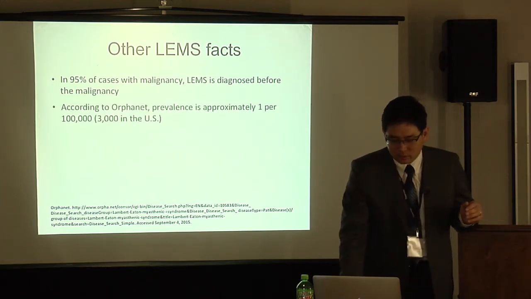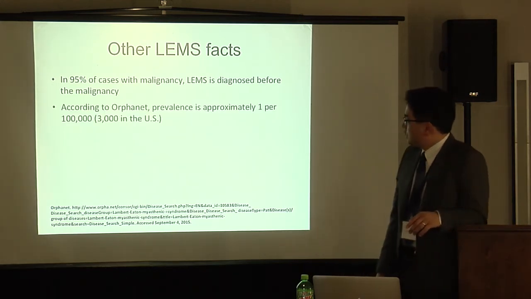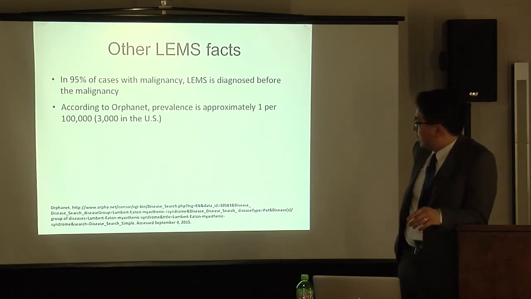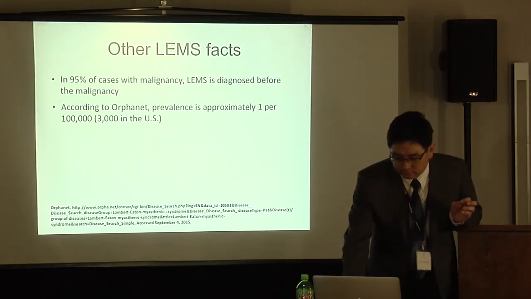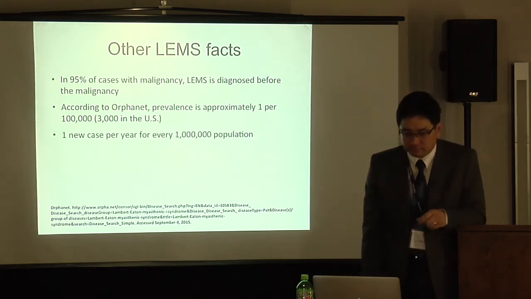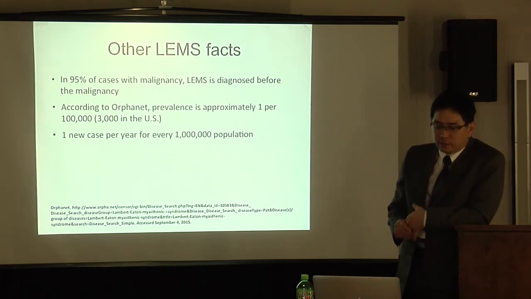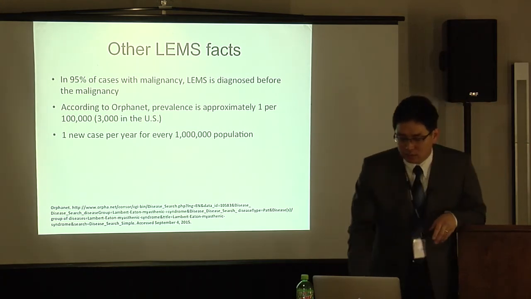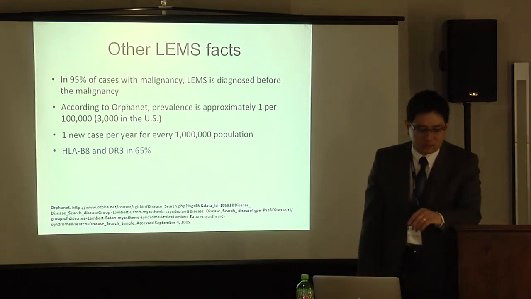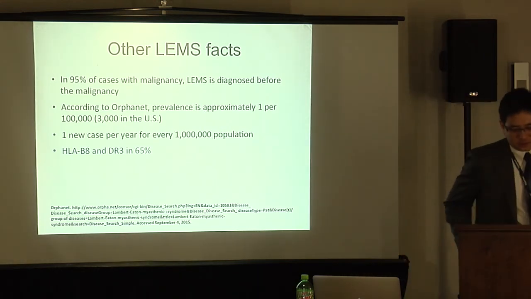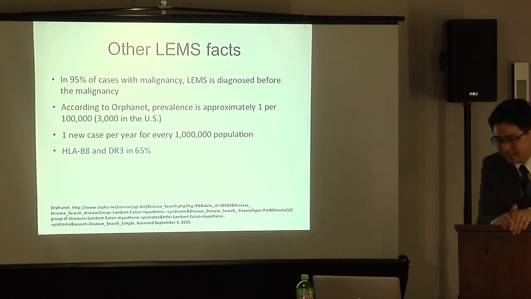Okay. So it's a pretty rare disease, 1 in 100,000, which if you do the math, in the United States is about 3,000 patients. About 1 new case for every million. And this is about genes, so I decided to throw in that there's a gene there.